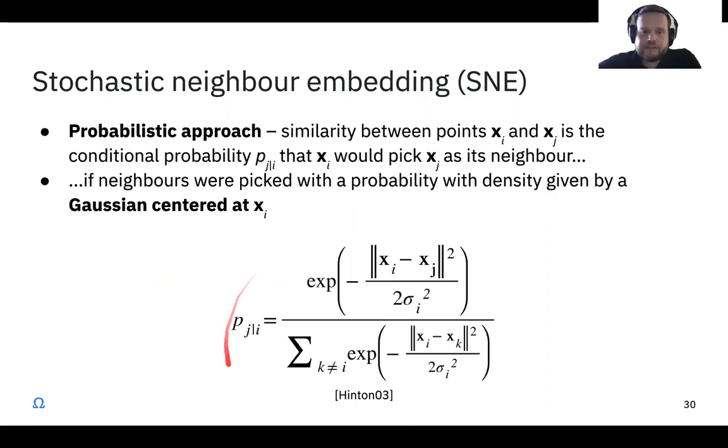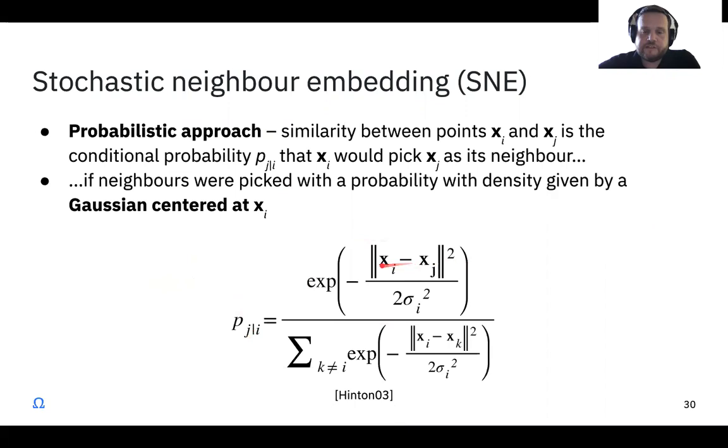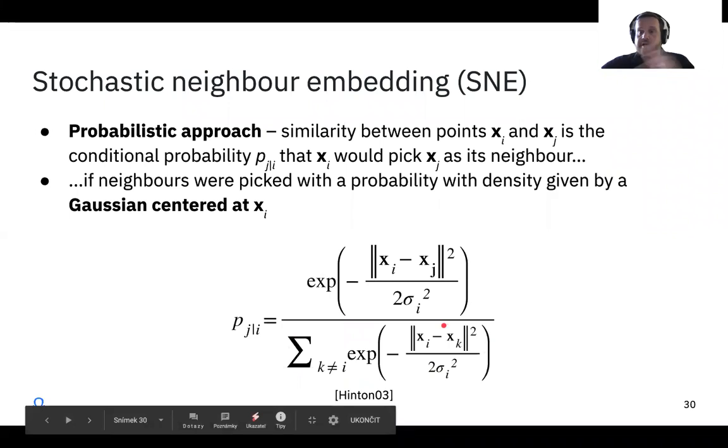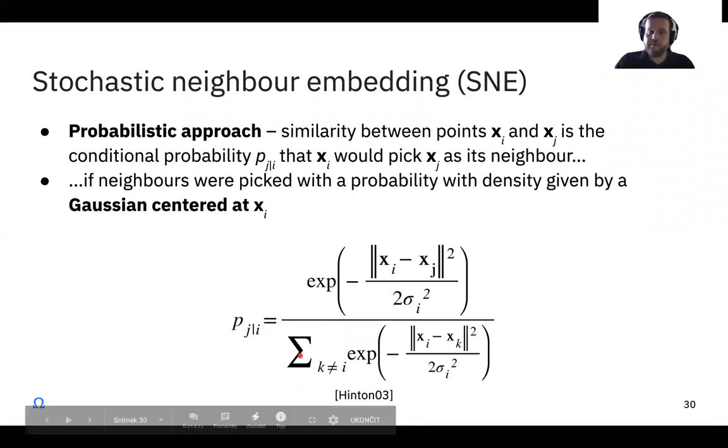All this equation does is set the conditional probability. So this is the Gaussian for the distances between two points i and j. This is the distance Gaussified, and this is the sum of all the Gaussians, or all the probabilities by the other points that will be their neighbor. Basically, the j will be their neighbor. So this is basically a normalization.